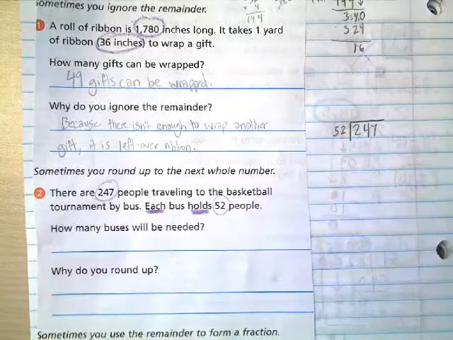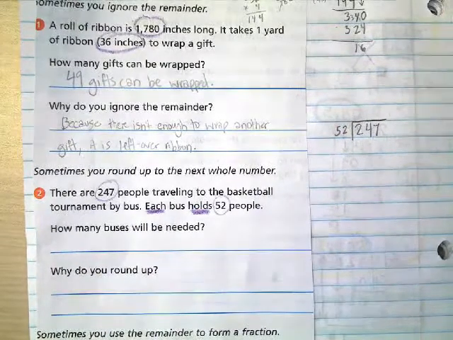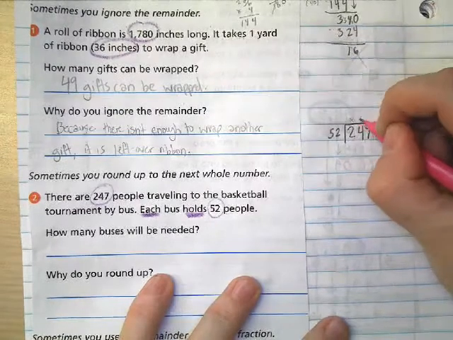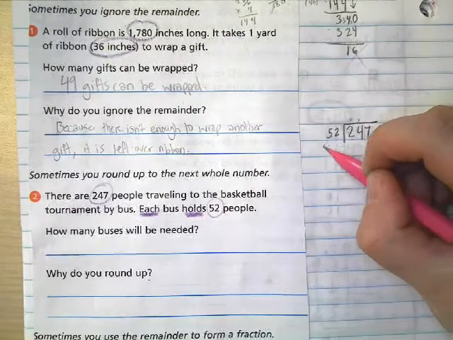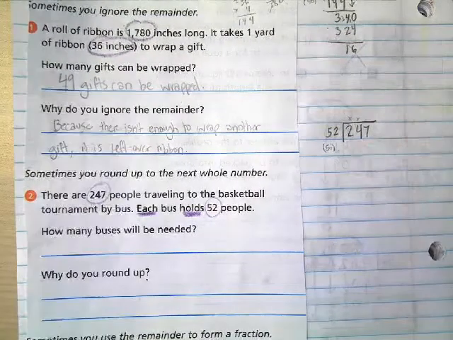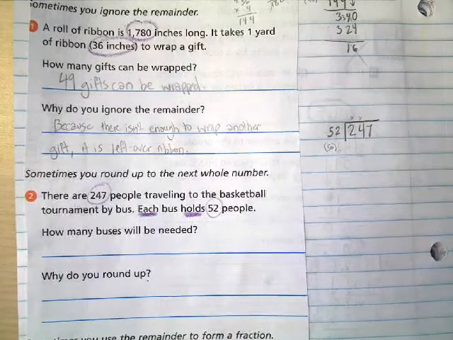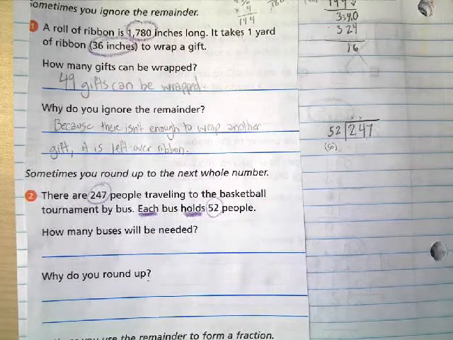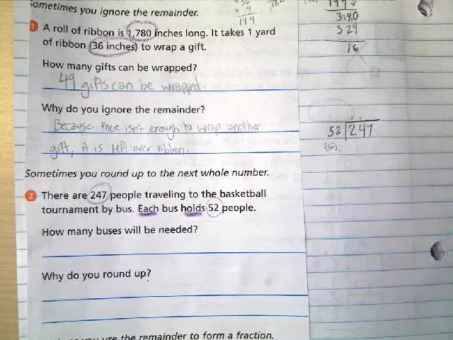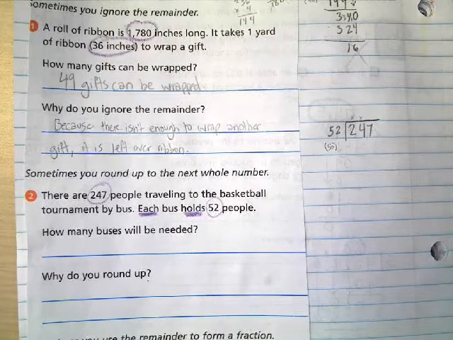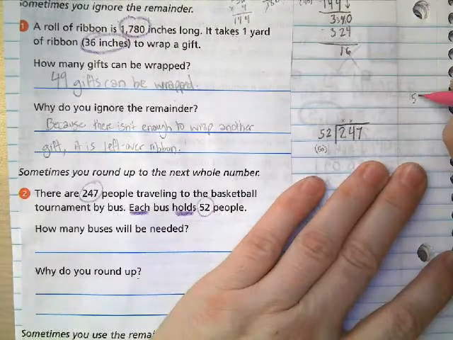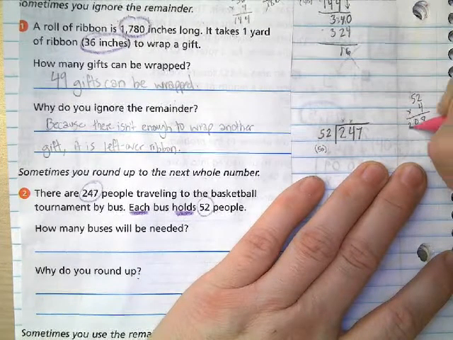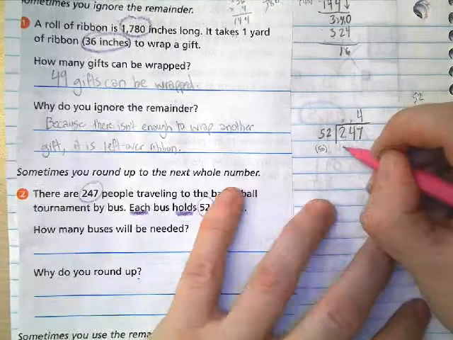So let's come up here because we're going to run out of space down here. Let's do our work up here to the right. 247 divided by 52. 52 won't go into 2 or 24, so it just is going into 247. And 52 is really close to 50. 50 times 5 is 250.